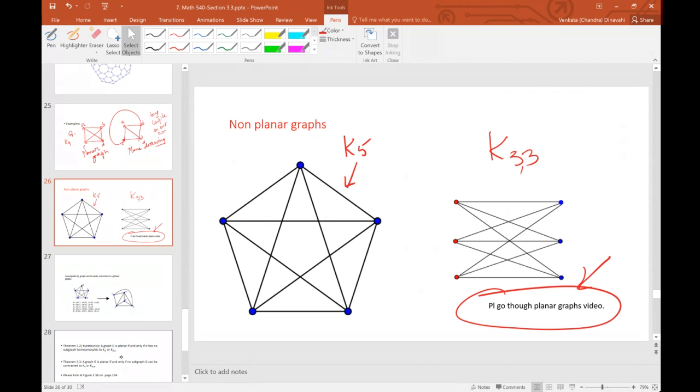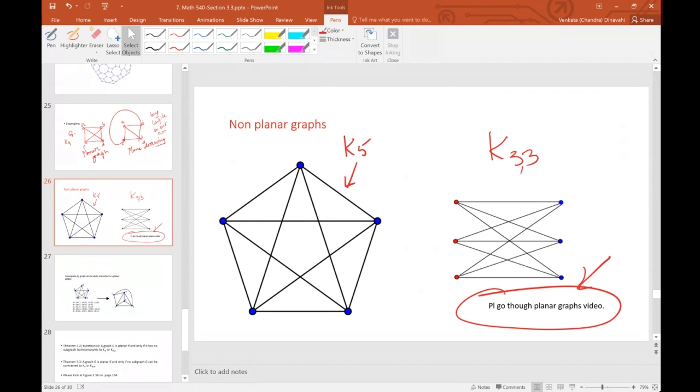And the most wonderful fact is, these are the only two graphs which are not planar. In the sense, take K5. If I add a bunch more vertices and a bunch more edges, that is still non-planar because there is a K5 hiding inside.